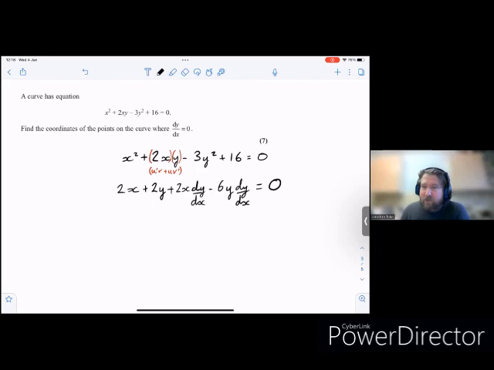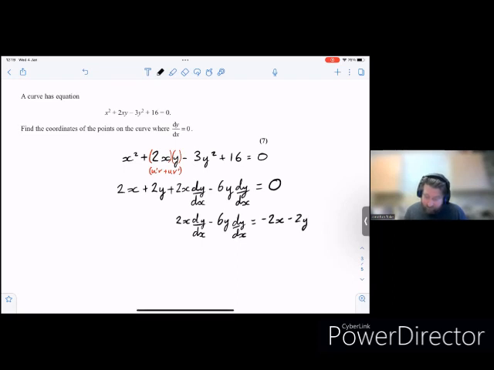So this is a very similar example to the one we did previously. We've got our 2 dy by dx's. So we're going to make dy by dx the subject in the same way as before. I'm going to leave the dy by dx on the left-hand side this time, and move the x's and y's to the other side. So we've got minus 2x minus 2y.